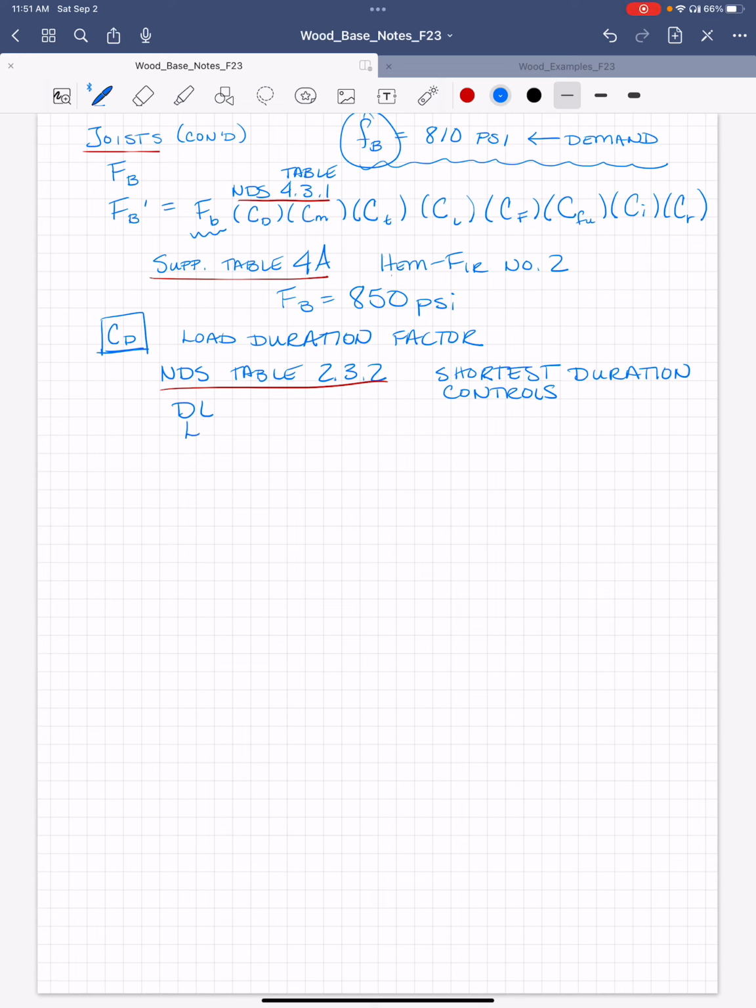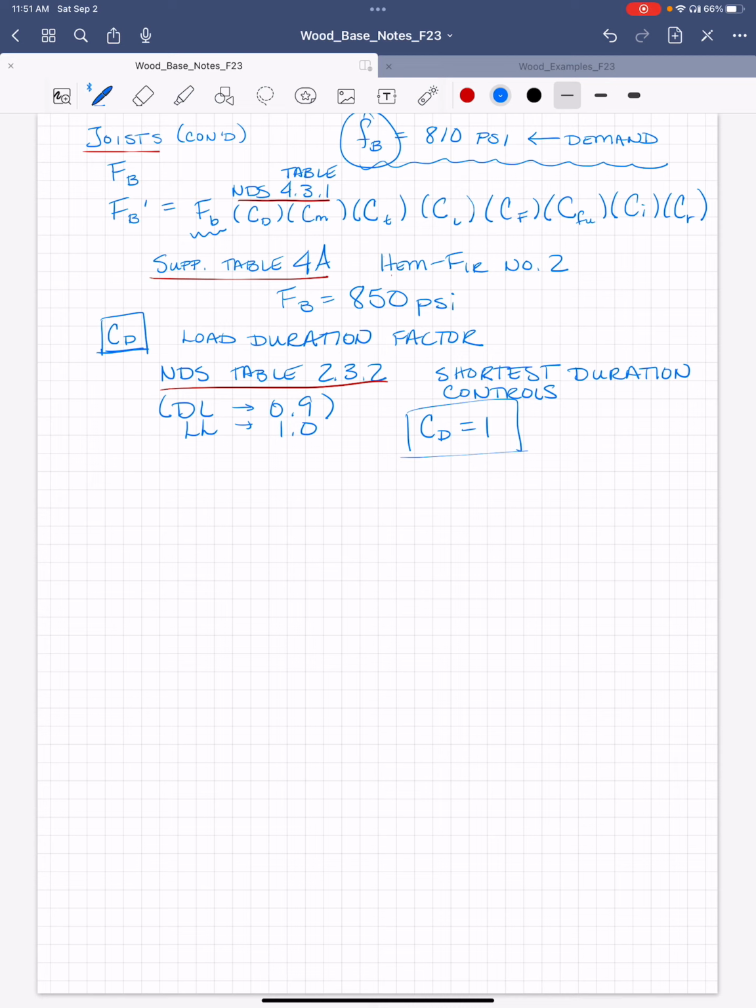So this is the live load, and this would give us a factor of 0.9. This gives us a factor of 1.0. I'm just writing the dead load one down. We know that the live load is the shortest, so it controls. That actually gives us just 1, so that one has already gone to 1. You can just cross it out, but I'm going to leave it for this first example so we don't lose anything. So CD equals 1.